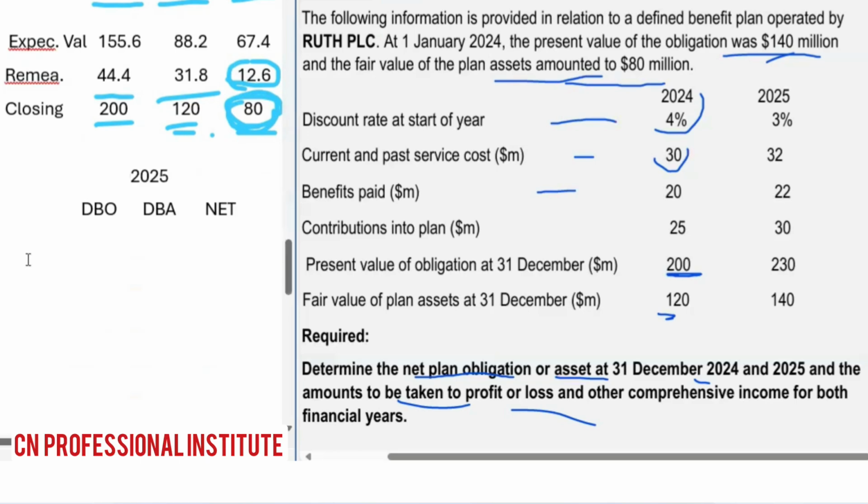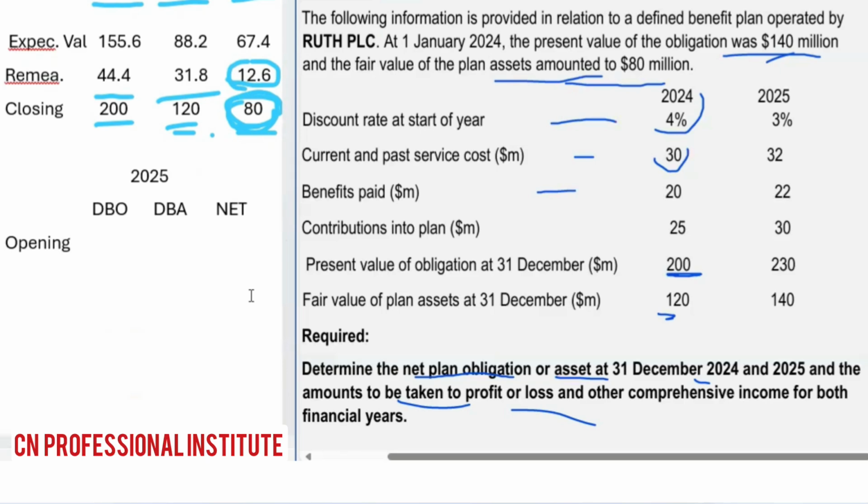We are working in millions. So what's the opening balance for the liability? The closing balance of one year becomes the opening for the following year.